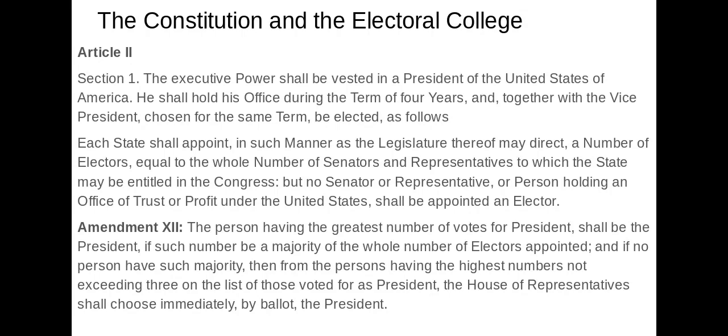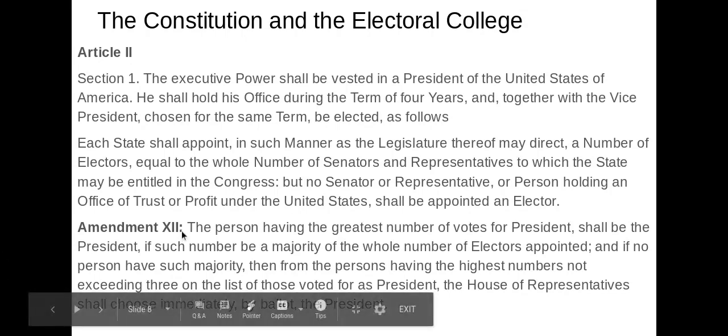The reason I want to note this is that it lays out the extremely remote possibility that the House of Representatives could determine who the president is in the event of a tie.